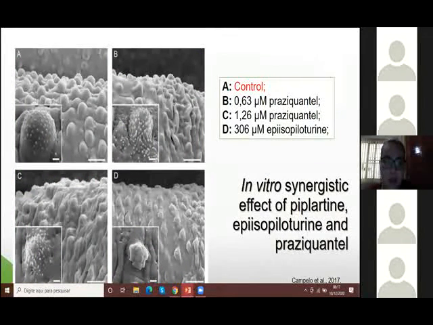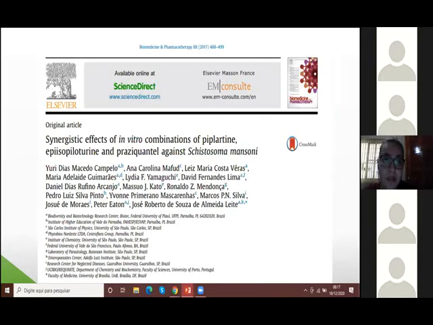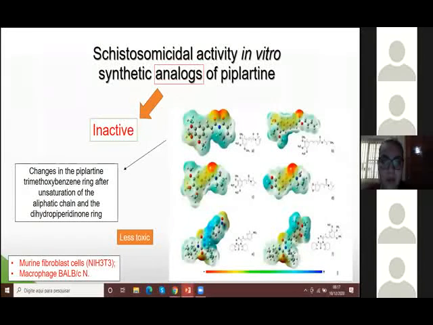Then here is the analysis of scanning electron microscopy of the worms. This study was published in Biomedicine and Pharmacotherapy in 2017.